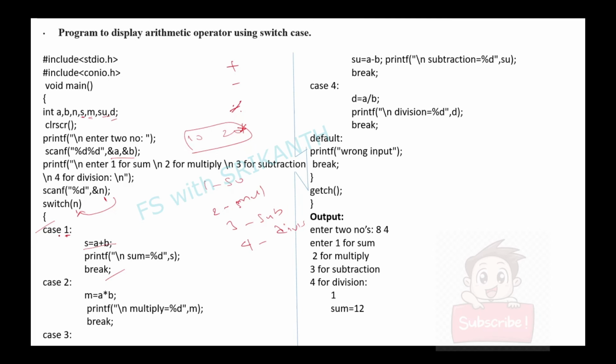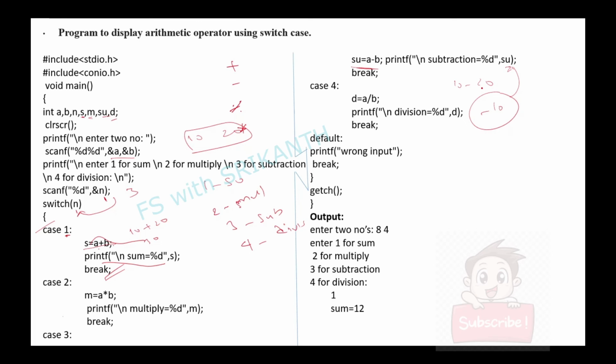So case 1 will be evaluated, then it performs s equal to a plus b, 10 plus 20, and 30 will be stored in s, and it prints the s value and breaks. And suppose he enters 3, then case 3 will be evaluated. Case 3 has subtraction, s equal to a minus b, 10 minus 20, minus 10 will be stored in su, and it will be printed.